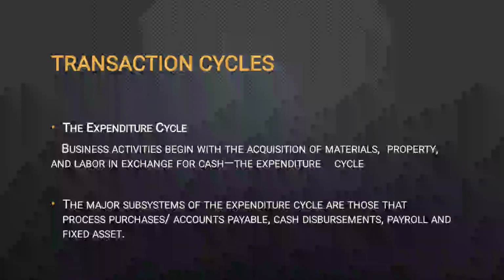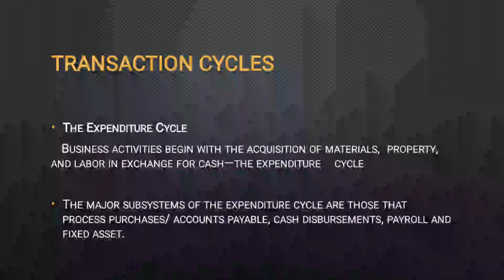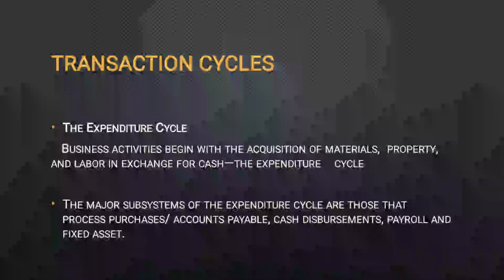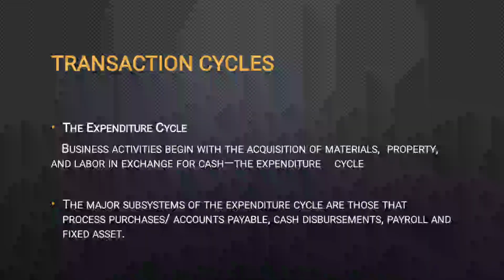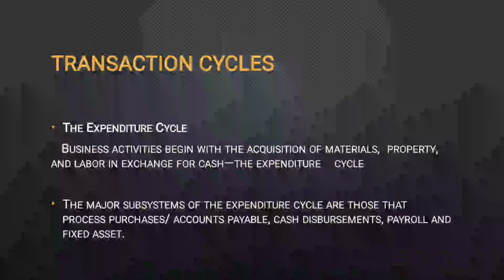So, yung una nating i-discuss is about sa expenditure cycle. So, business activities begin with the acquisition of materials, property, and labor in exchange for cash. Expenditure cycle. So, dito, expenditure cycle is the set of activities related sa acquisition of goods and services.